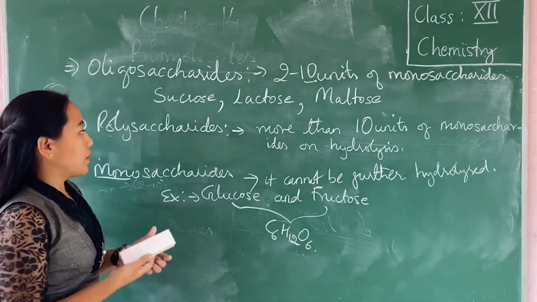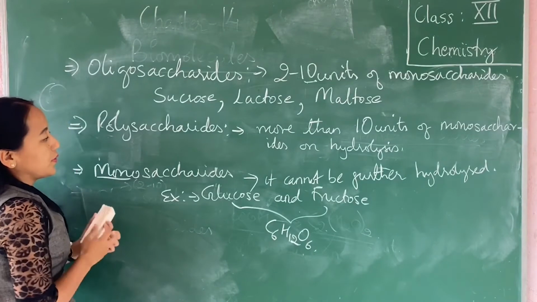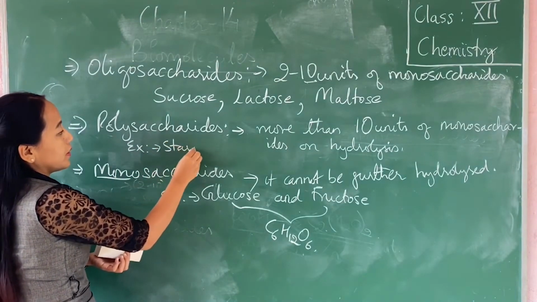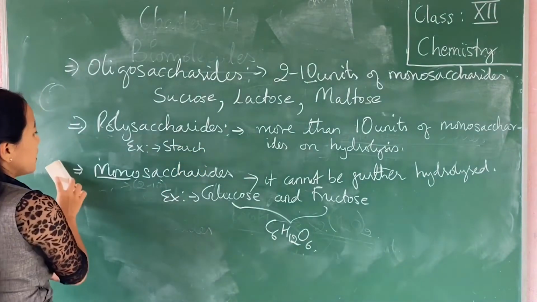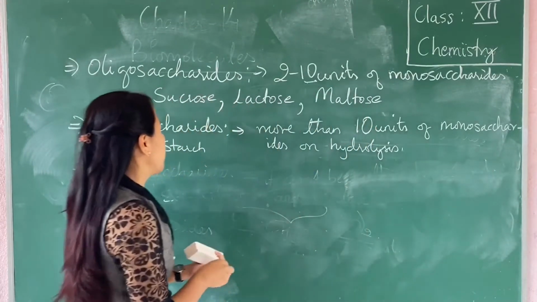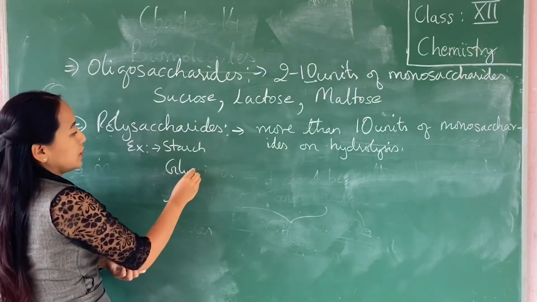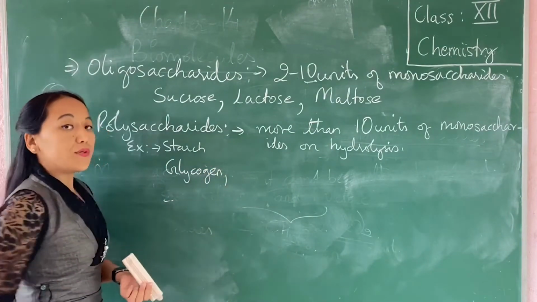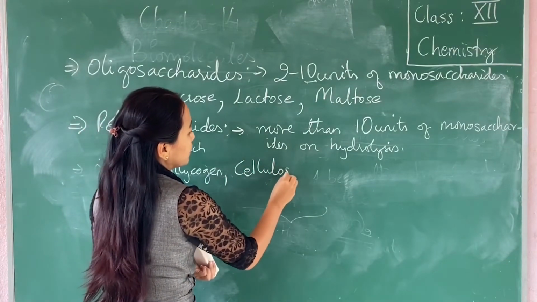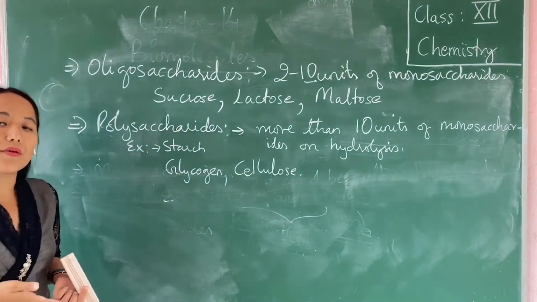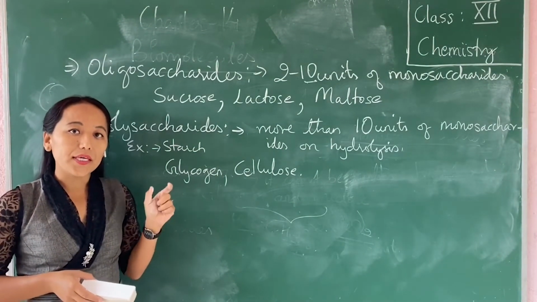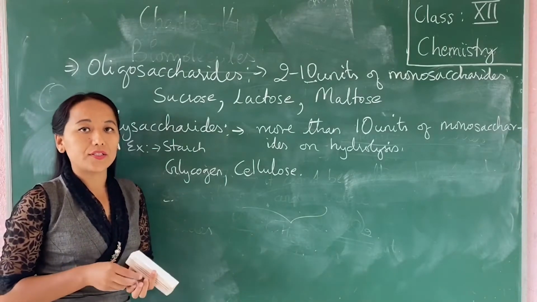Examples for polysaccharides are starch that we obtain from our foods, and then you have glycogen, which acts as energy storage in animals. Starch, glycogen, and then there is cellulose, which is present in the cell walls of plants. So this is about the first classification of carbohydrates based on the number of monosaccharides produced on hydrolysis.